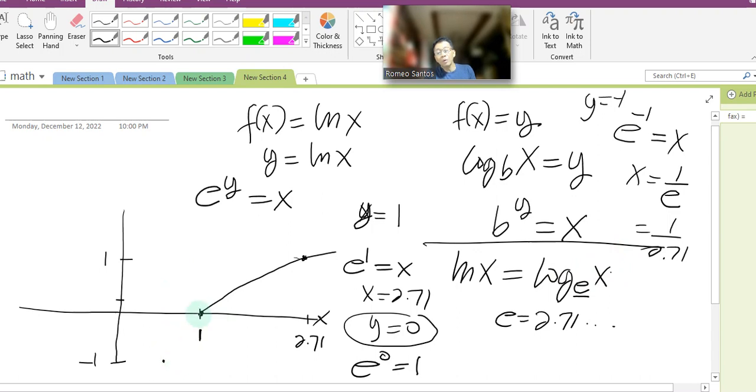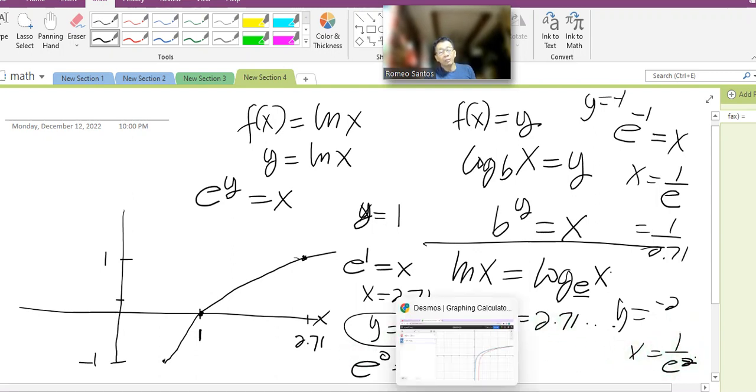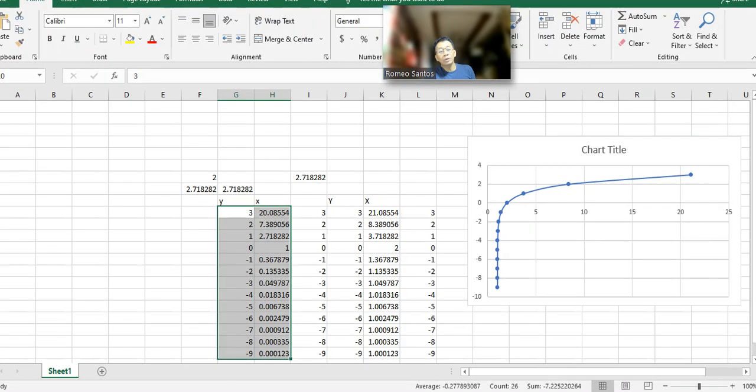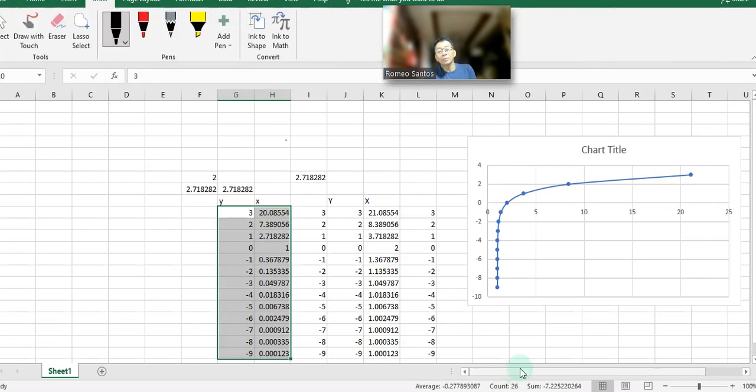So if you continue loading values into y downward, let us say y equals negative 2, this becomes x equal to 1 over e^2, so e^2 is bigger and this will of course be a lesser number. I have solved it here.